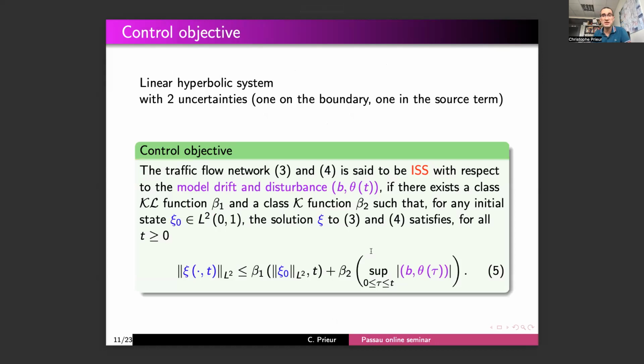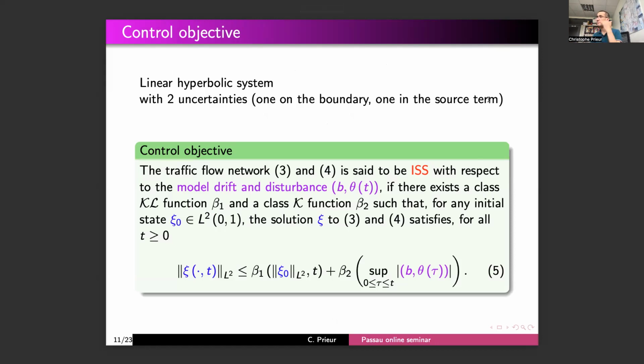And the control objective is to deal with two uncertainties. Remember that we have one uncertainty in the source term, the B vector due to the reaction term. It is an uncertainty because it is something that we cannot control. And we have another uncertainty at the boundary, as in the previous slide.